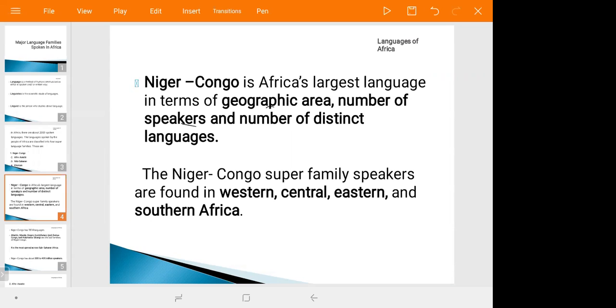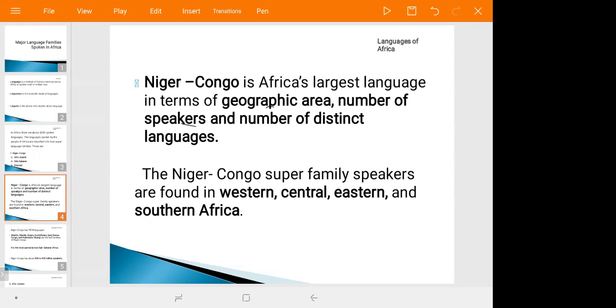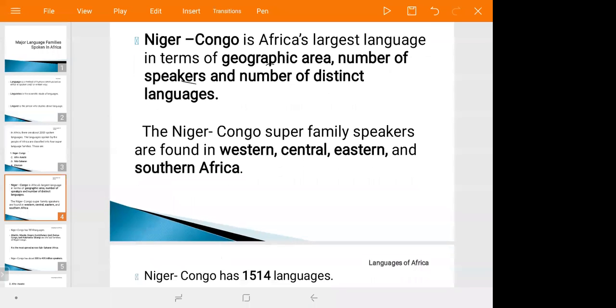If you take the number of languages it has, you take Niger-Congo as first. If you take the area covered in the world, you take Sino-Tibetan first. But for Africa, by geographic area, number of speakers, and number of languages, Niger-Congo is the first.